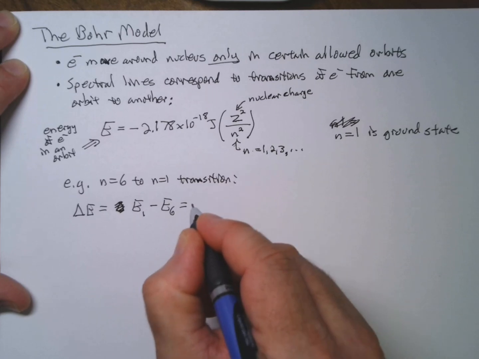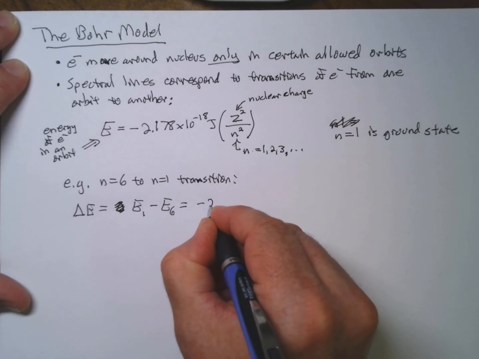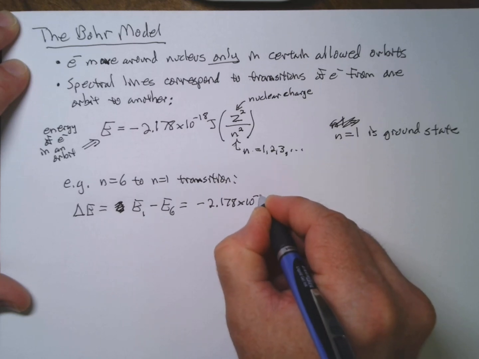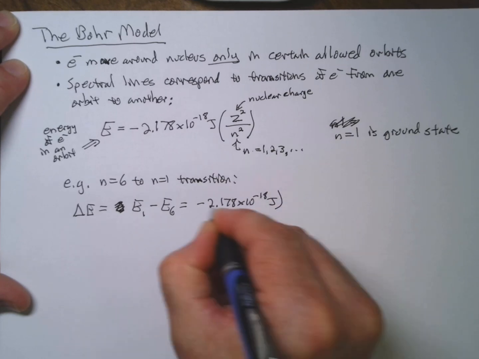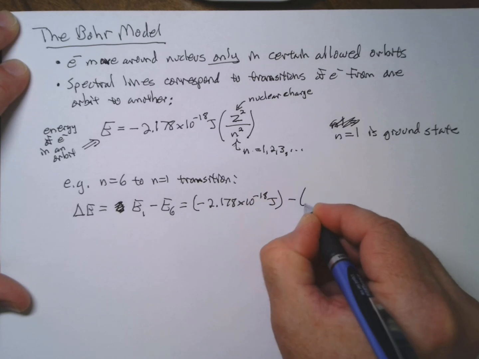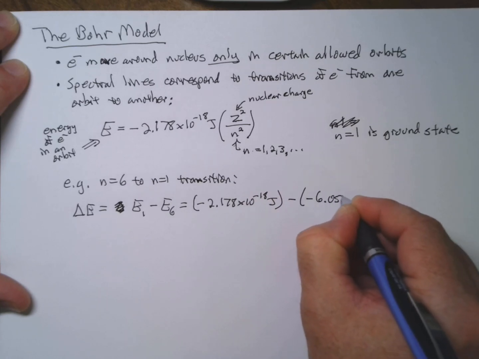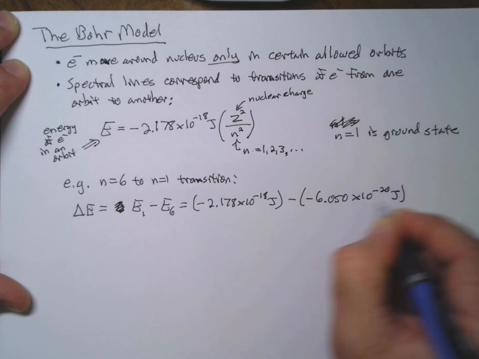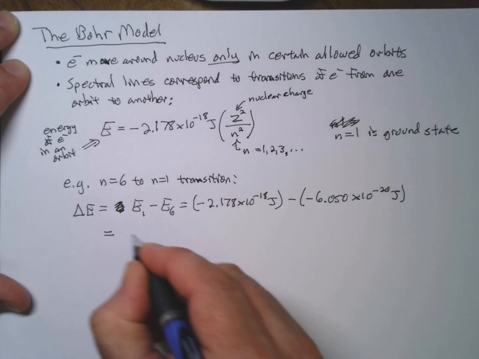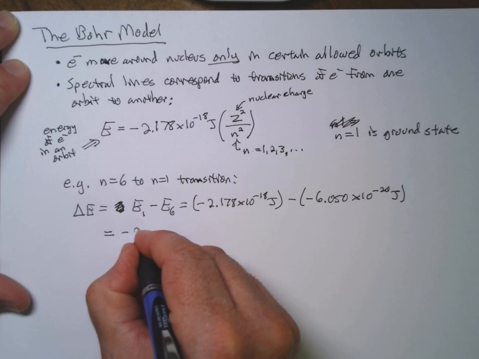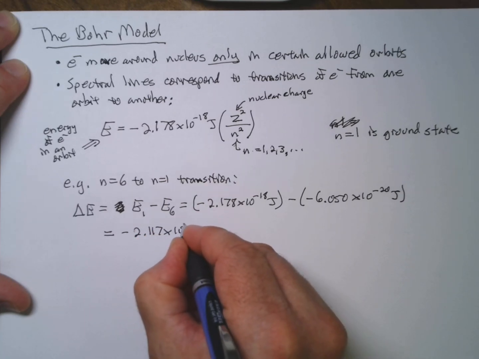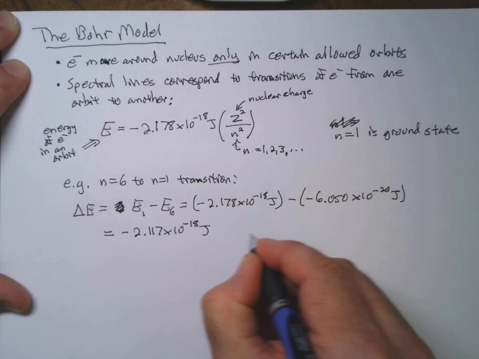And if we plug in the numbers and calculate it, it's minus 2.178 times 10 to the minus 18 joules minus negative 6.050 times 10 to the minus 20 joules. And that then equals minus 2.117 times 10 to the minus 18 joules.